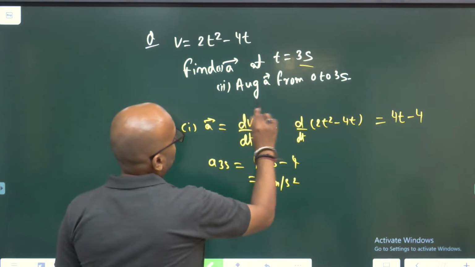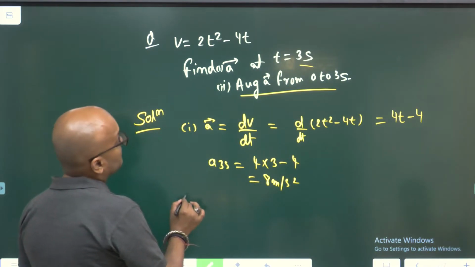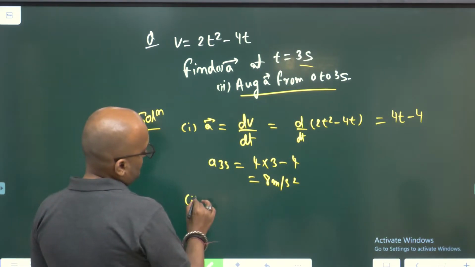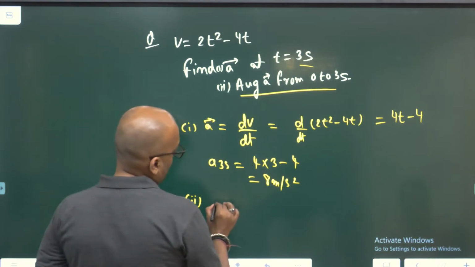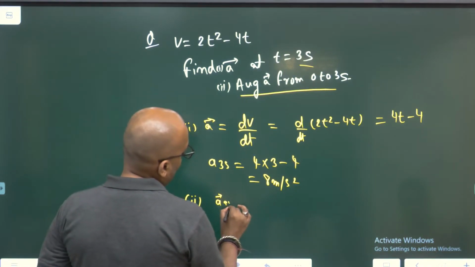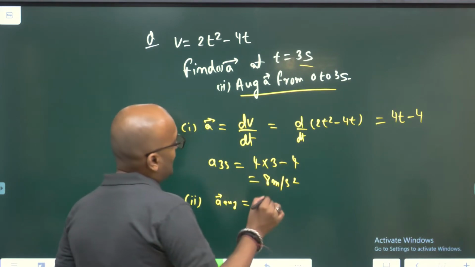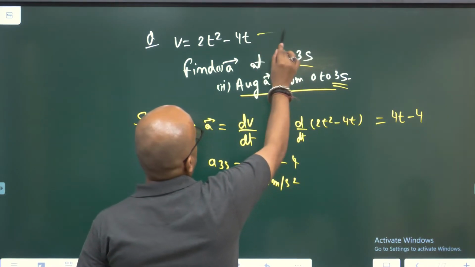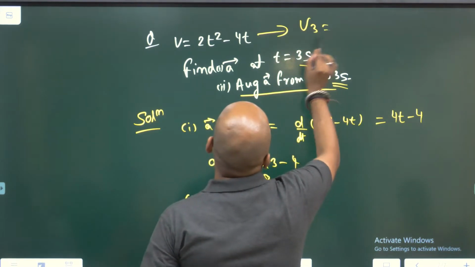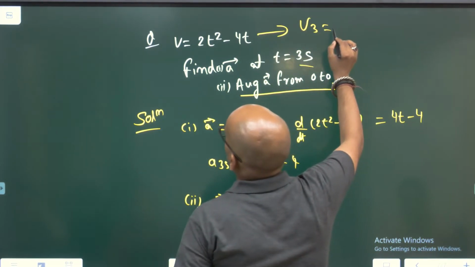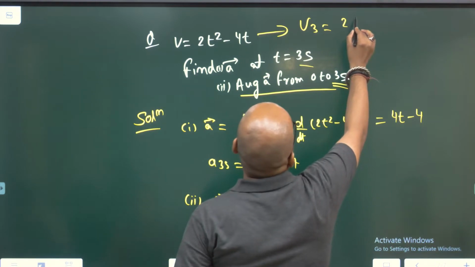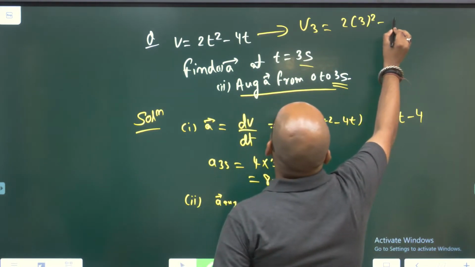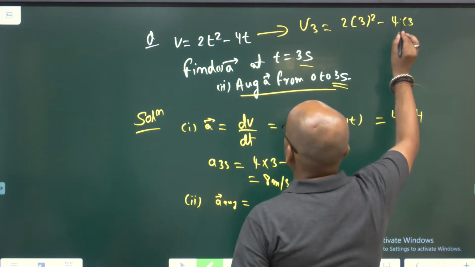Yes, sir. Average. So A average will be V2 minus V1 divided by the time. What is V2? Velocity at 3 seconds. Calculate velocity at 3 seconds. This will be 2 into 3 square minus 4 into 3.